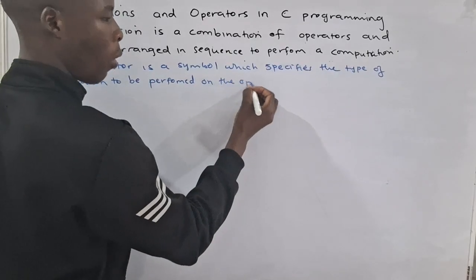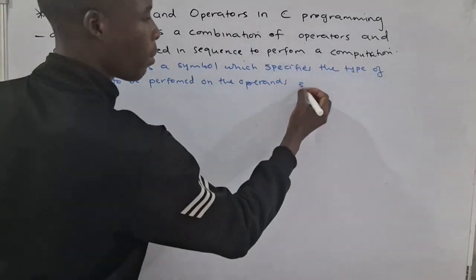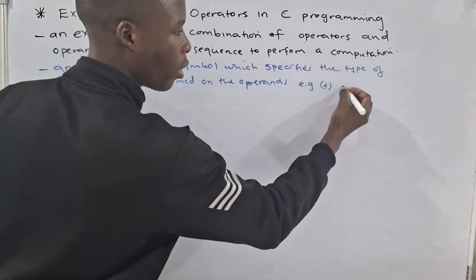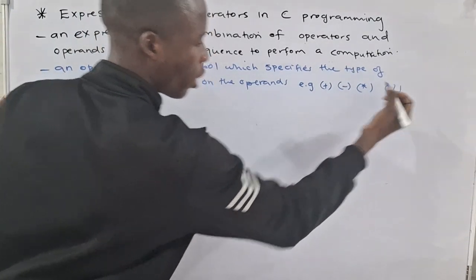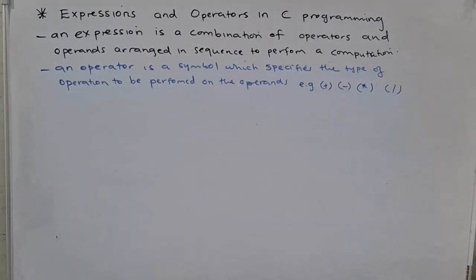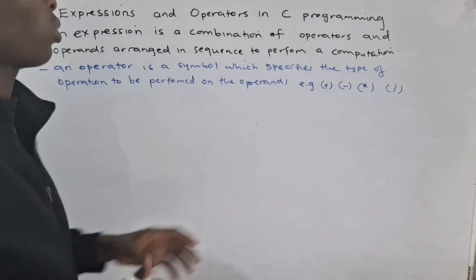On the operands. For example, we have the positive, we also have the negative, we have multiplication, we also have division. So these are operators. We are going to discuss different types of operators.